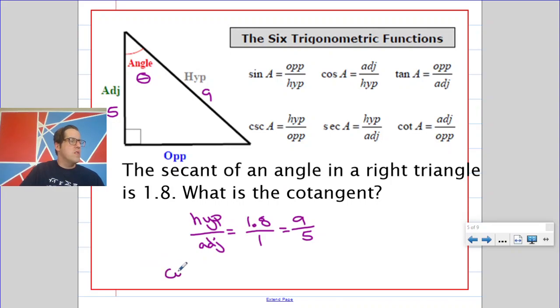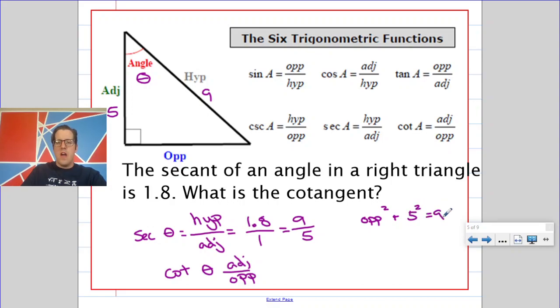So the cotangent, which is abbreviated COT, of theta is going to be the adjacent over the opposite. Now, I'm not told what the opposite is, but I am in a right triangle. So I know that this relationship has to be true, that the opposite squared plus 5 squared has to equal 9 squared.